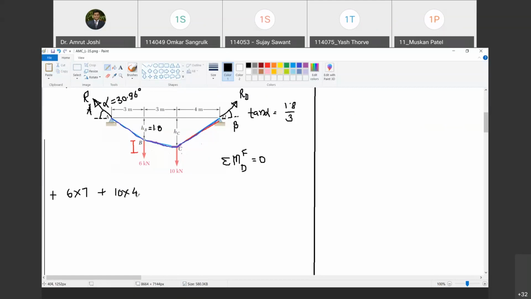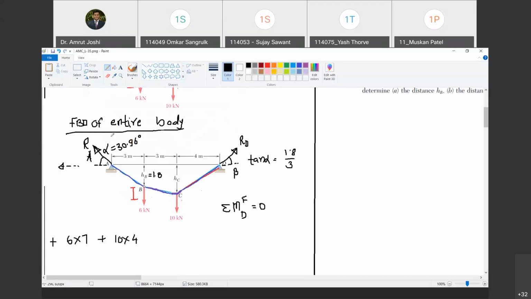Happy? Yes, sir. Then you are going to have RA sine 30.96 and RA cos 30.96. Do you agree with me? Yes, sir. Its cos component will be seen like this, whereas its vertical component will be seen in this fashion.